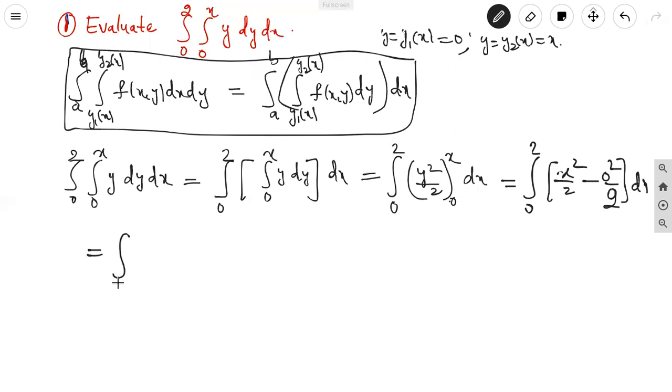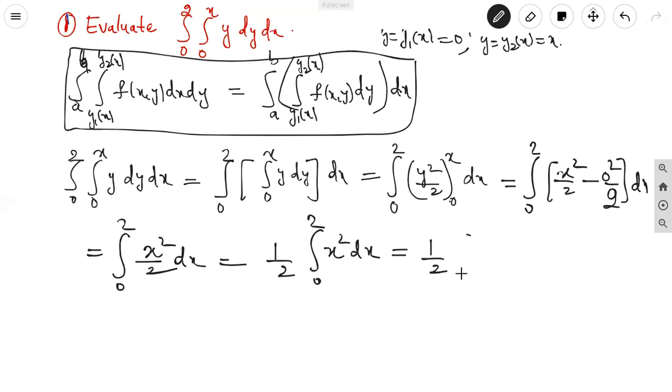So it is equal to integral 0 to 2, x square by 2 dx, which is 1 by 2, integral 0 to 2, x square dx, which is 1 by 2, the integration of x square is x cube by 3, limits from 0 to 2.